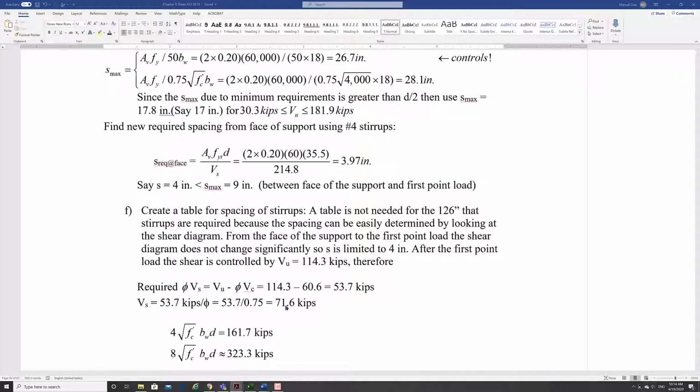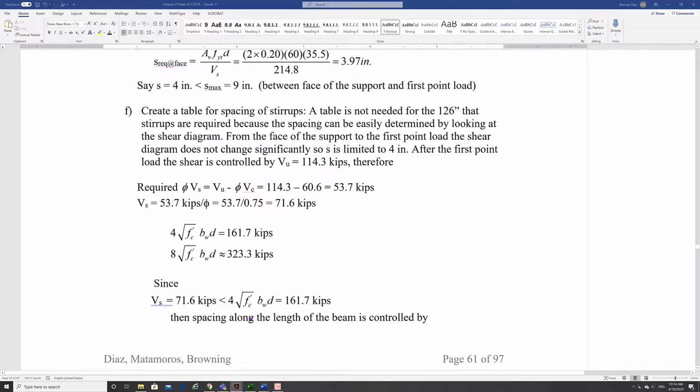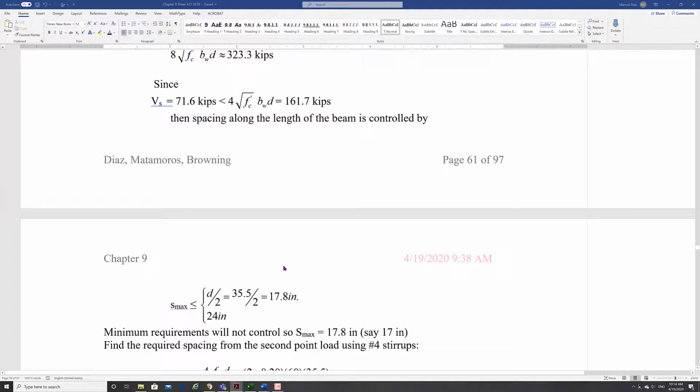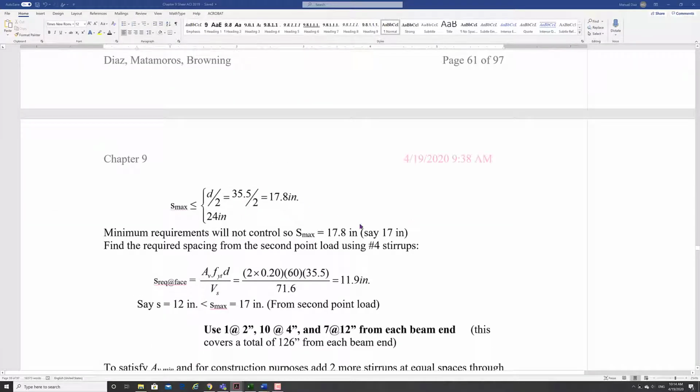Find my V sub s. I found that it is below this number, and we find a V sub s. Again, that's 17. We already know this, but we found that we need a spacing of 12 required, based on the S.